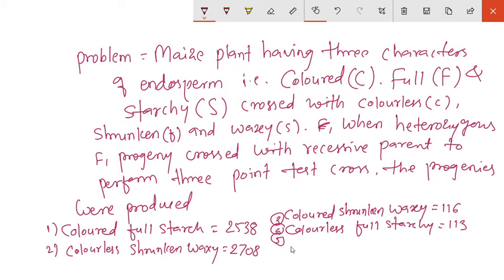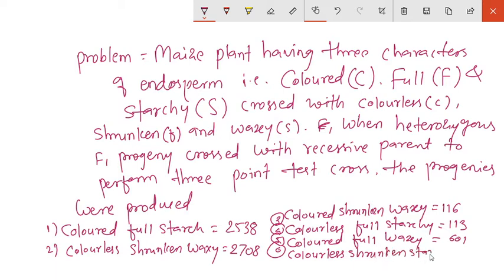Then the fifth, colored full waxy, 601. The sixth progeny is colorless shrunken starchy, 626.